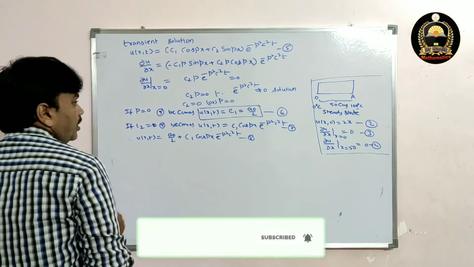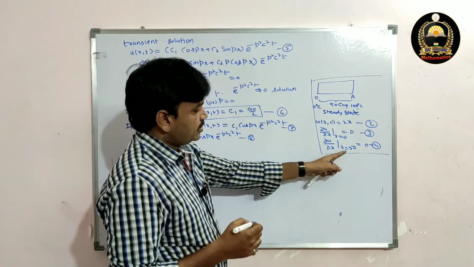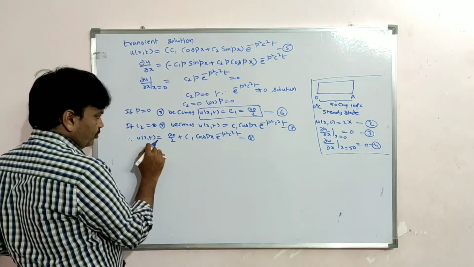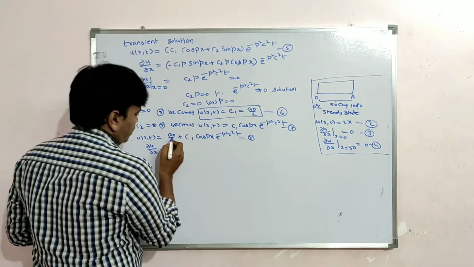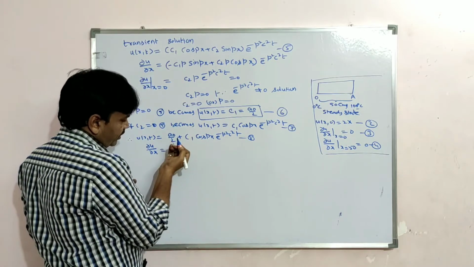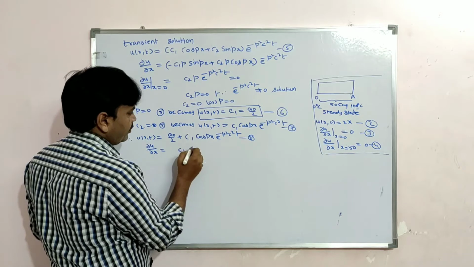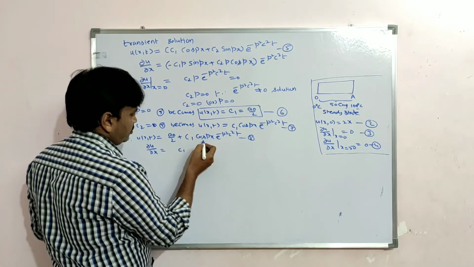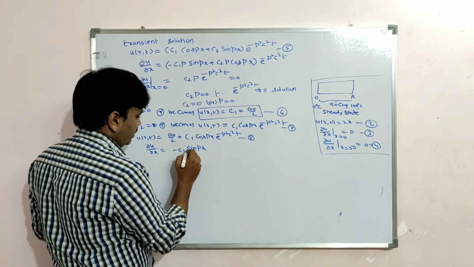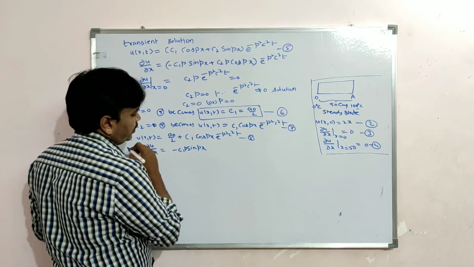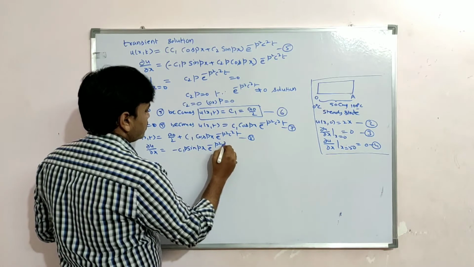Now I want to substitute the second condition, dou u by dou x at x is equal to 50. Find dou u by dou x here, students. Dou u by dou x is equal to, a0 by 2 is constant, so its value is 0. Then c1 times the derivative of cos px, which is minus sin px into p, that means you can write c1 into p e power minus p square c square into t.